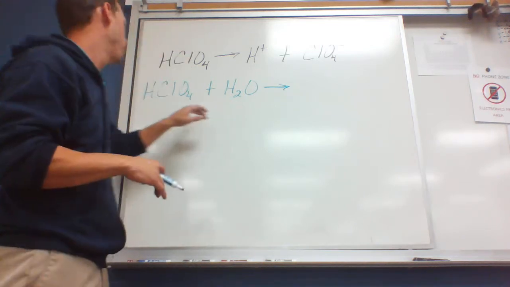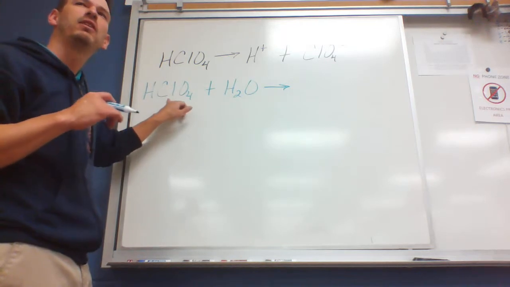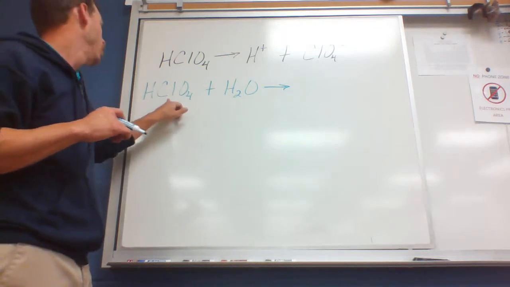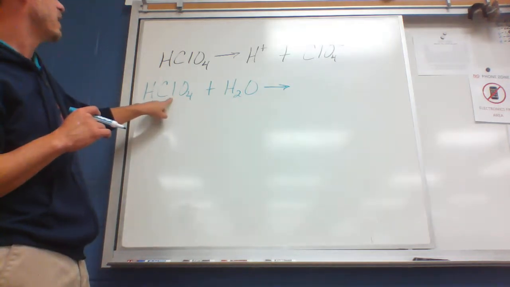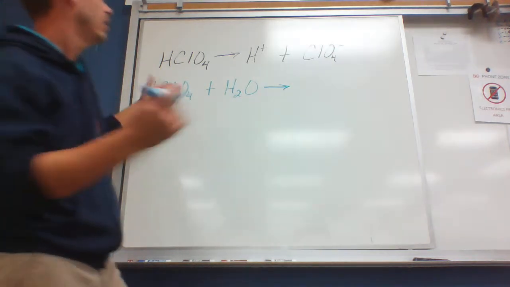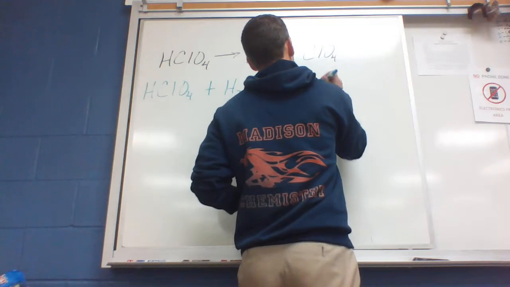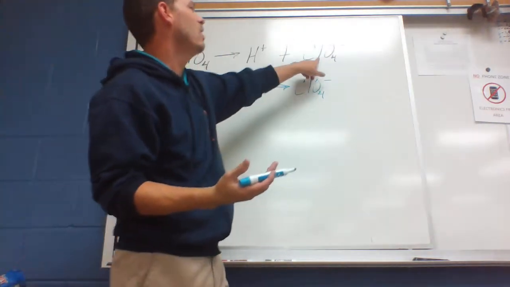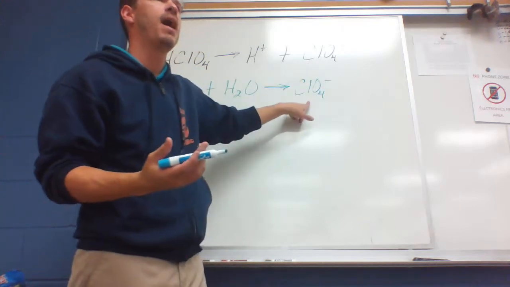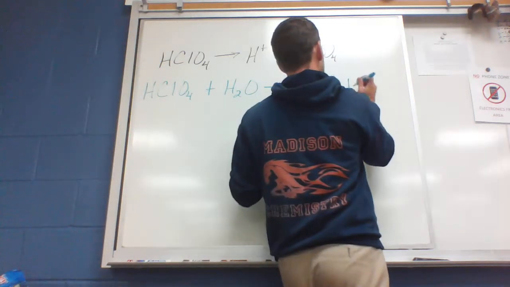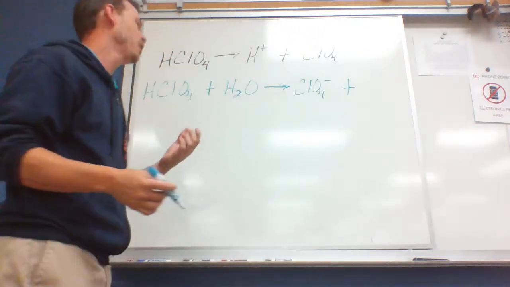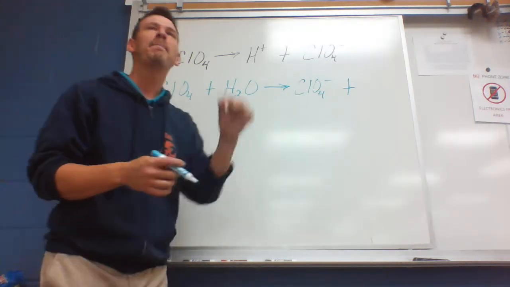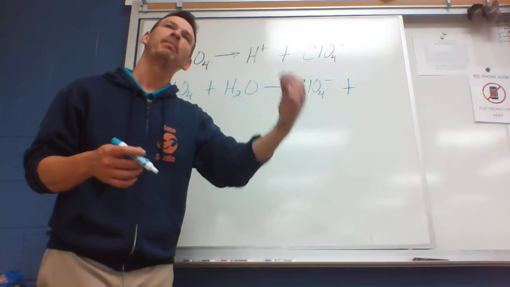Do acids like to donate or accept protons? They like to get rid of them. What will this look like if you get rid of an H? ClO4 minus, because it's not just an H, it's an H plus. So look, it still creates that same ion. However, this next thing that it creates will be a little different, because where does that H go? What happens if water gains an H plus?